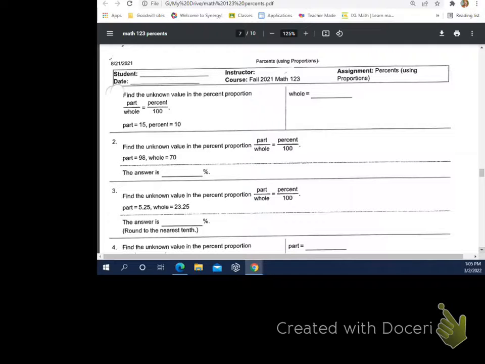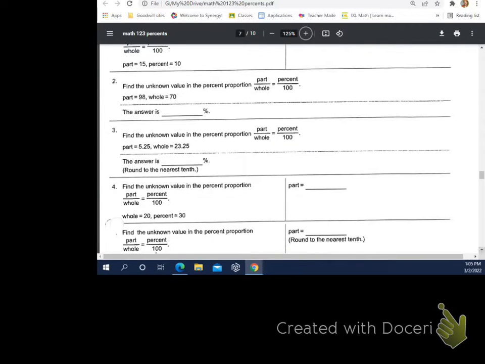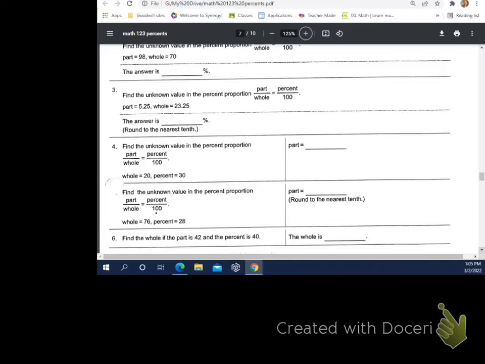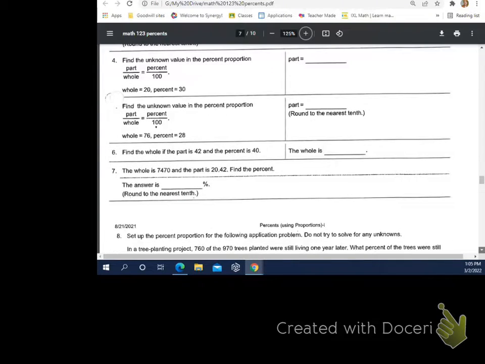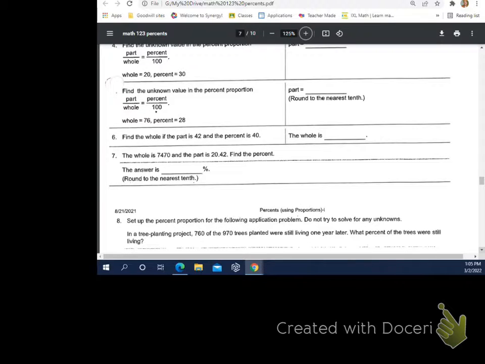So now you have an assignment. There is one page that is asking you to do it with proportions, and one page that is asking you to do it with equations. I honestly do not care if you do them all the same way as long as you are getting the correct answers.